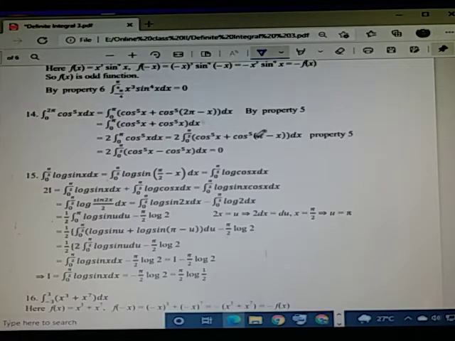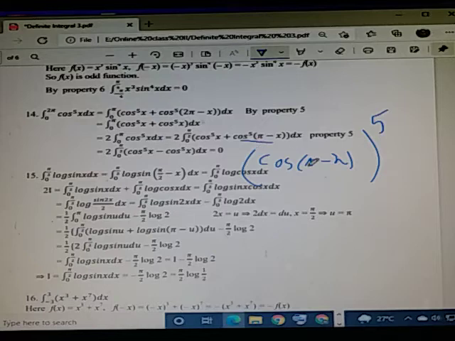But this one is negative: cos of 5 pi minus x is minus, because it is an odd power. So this means cos of pi minus x, whole to the power 5.